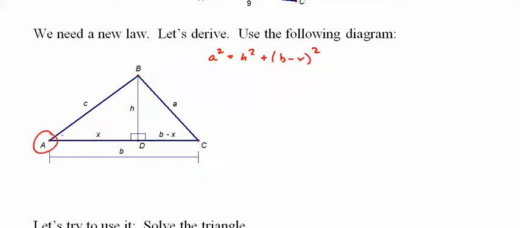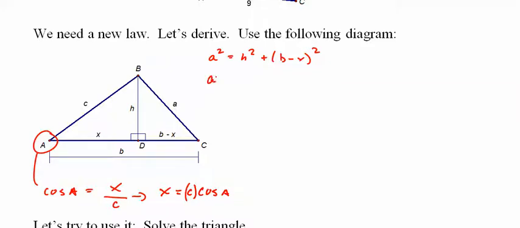And by the way, we're working off of angle A here, so we're going to eventually say the cosine of A equals adjacent over hypotenuse, x over c. Holy cow, x equals c cosine of A. I am very out of it. That was bad.